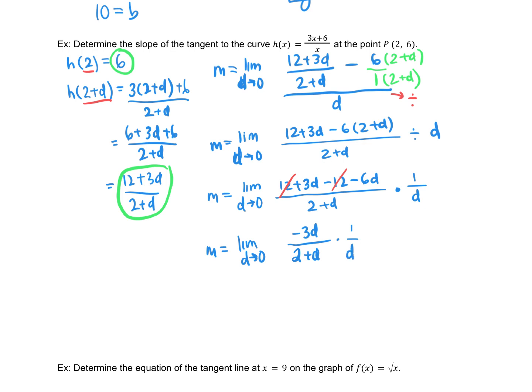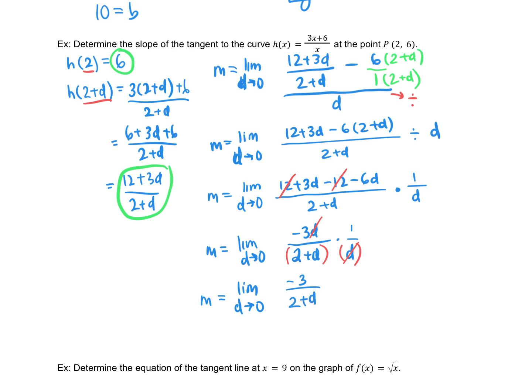1 over d. And now these d's cancel out because everything was attached by multiplication. It was this denominator times d and then negative 3d times 1, so the d's cancel out nicely here. And we're left with the limit as d approaches 0 of negative 3 over 2 plus d.